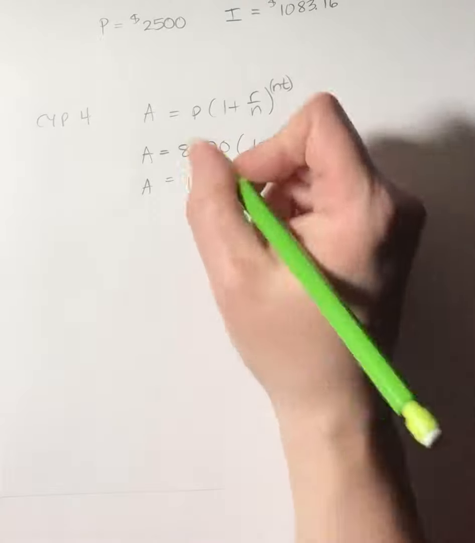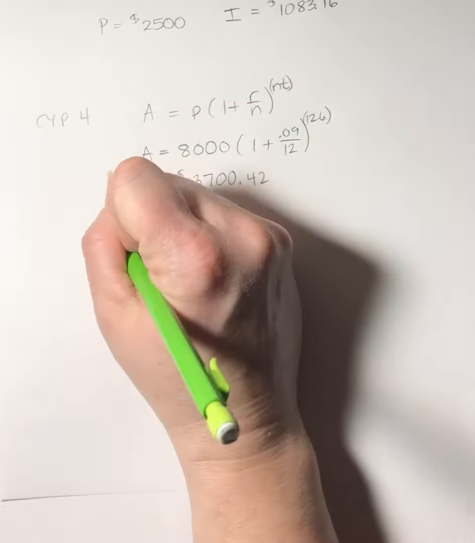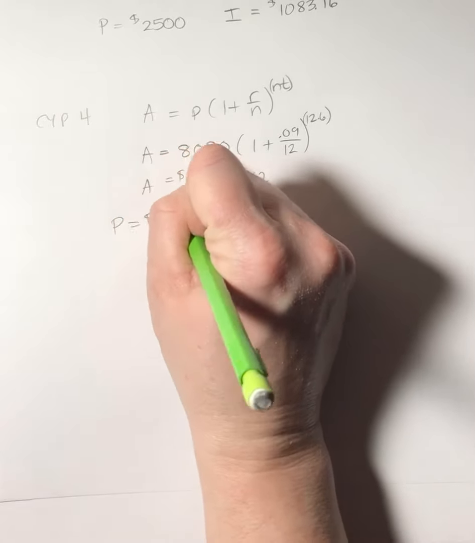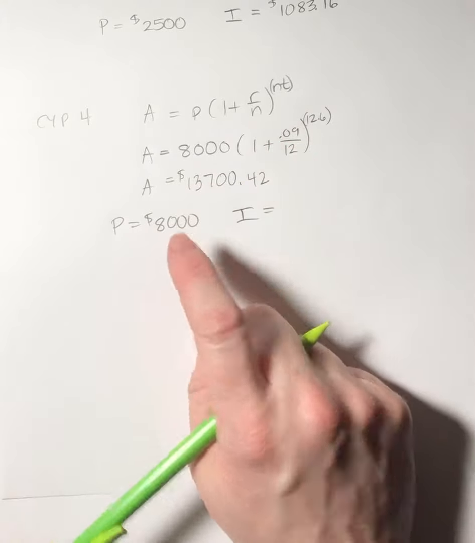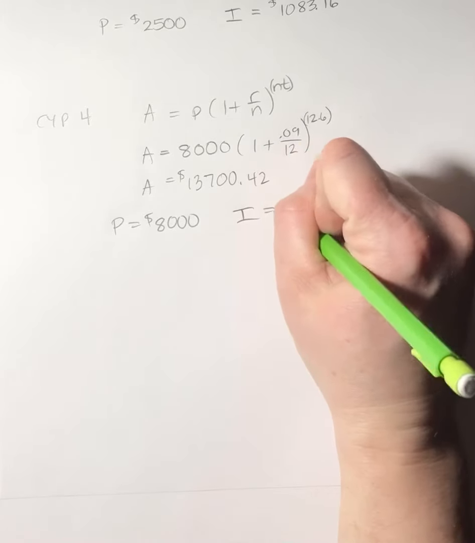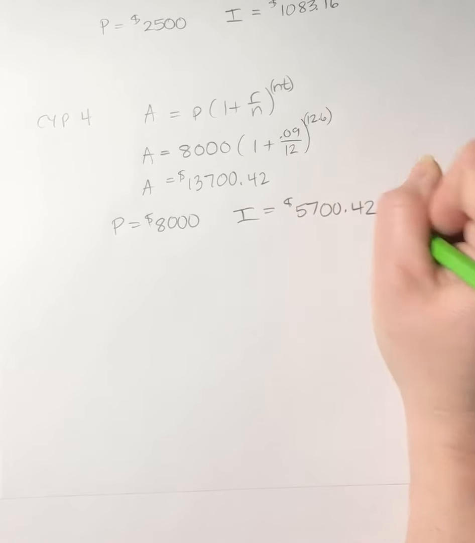So that is the amount in my account, which means my principal when I started was $8,000. So my interest is going to be this minus my $8,000, which is going to give me $5,700.42.